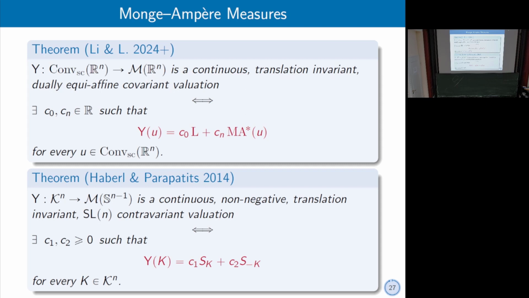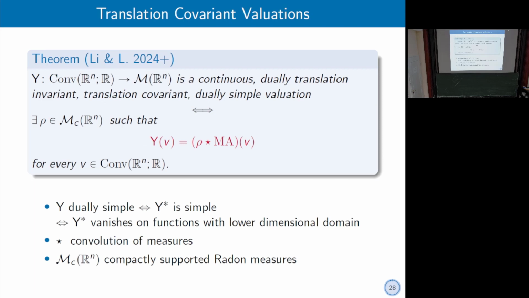And if you don't want such strong assumptions, in particular if you don't want SL(n) covariance or contravariance, you still can get results. So this is another result in this direction, again with Jin. If you look at continuous, now I'm looking again at finite valued convex functions, continuous, dually translation invariant, translation covariant valuations that are dually simple, which means that its dual is simple, which again means that it vanishes on functions with lower dimensional domain.